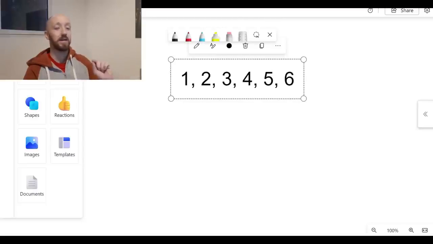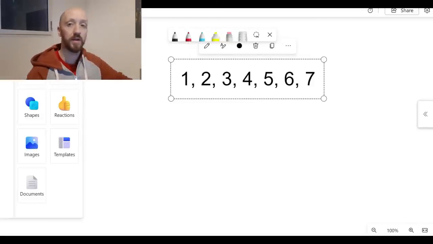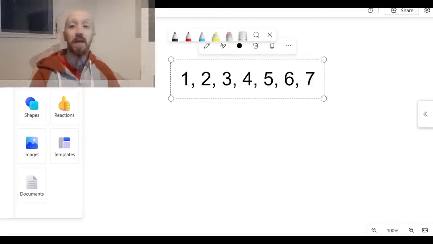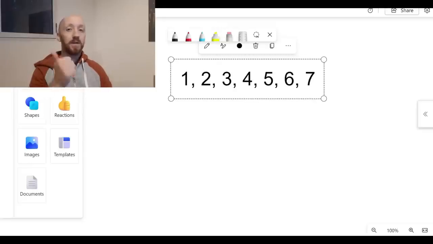Mandag, tirsdag, onsdag, torsdag, fredag, lørdag. Only one left is søndag, selvfølgelig. One more time from the top. Mandag, tirsdag, onsdag, torsdag, fredag, lørdag, søndag.